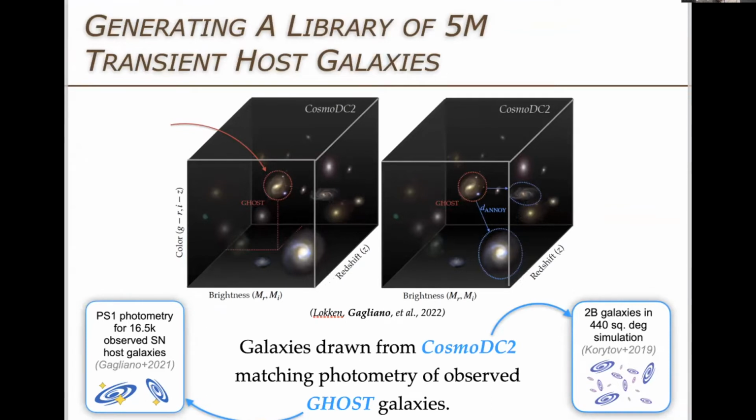On the right is COSMO-DC2, a synthetic catalog that extends out to much higher redshifts. We use an approximate nearest neighbors algorithm to convolve the properties of these two catalogs, which gives us the host galaxy correlations from GHOST and the increased survey depth and size of COSMO-DC2.